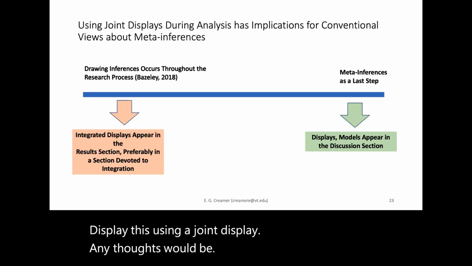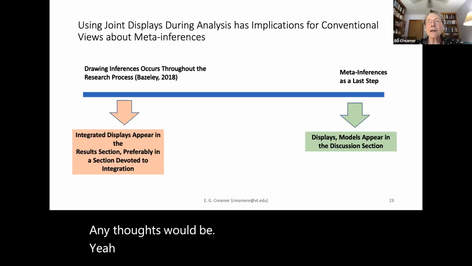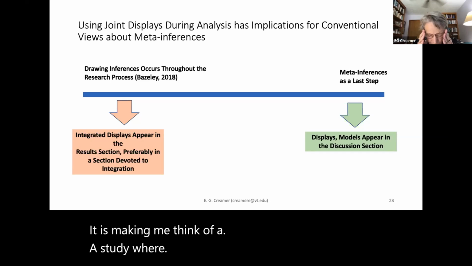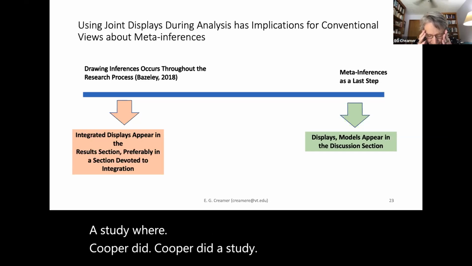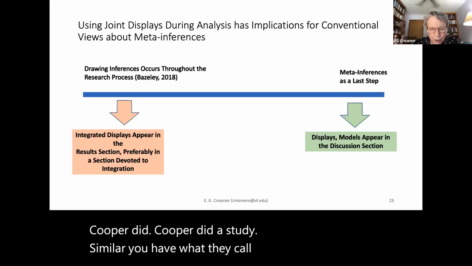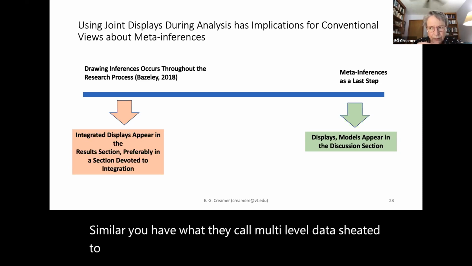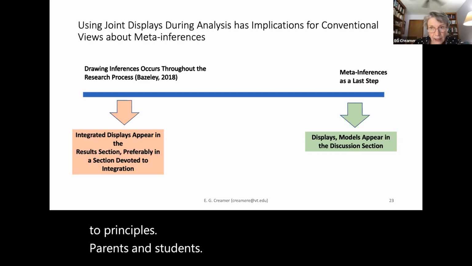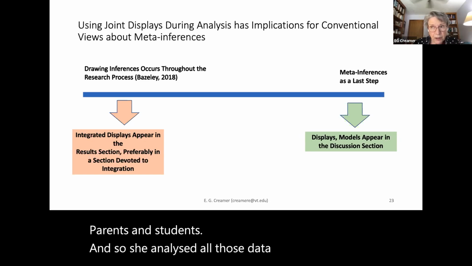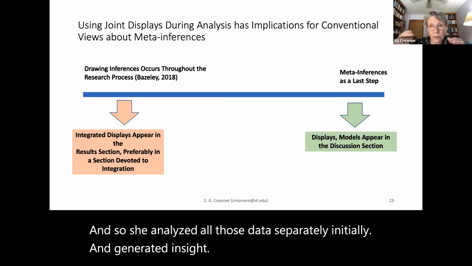Oh, it's making me think of a study where Cooper did a study similar. You have what they call multi-level data. She had principals, parents, and students. And so she analyzed all those data separately initially and generated insight from each of those.